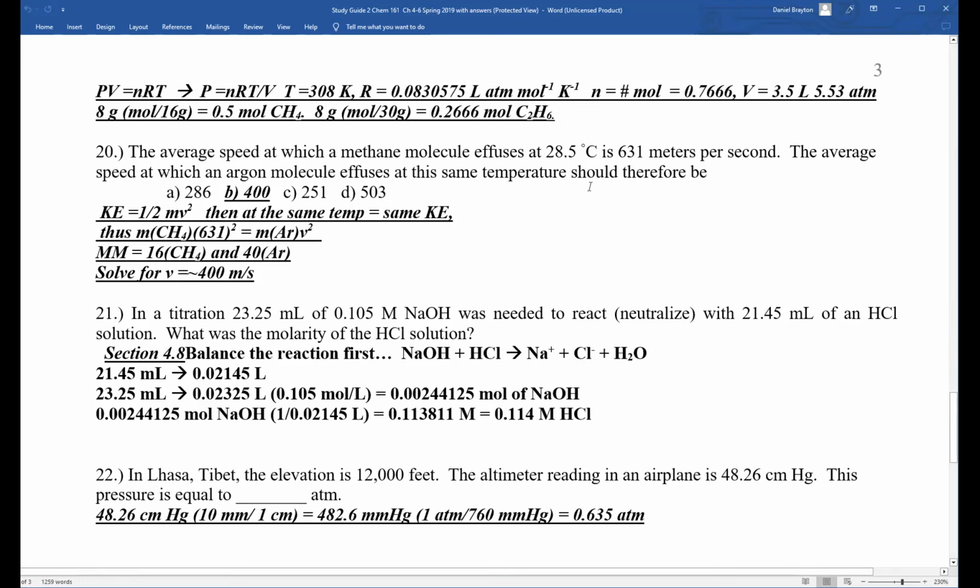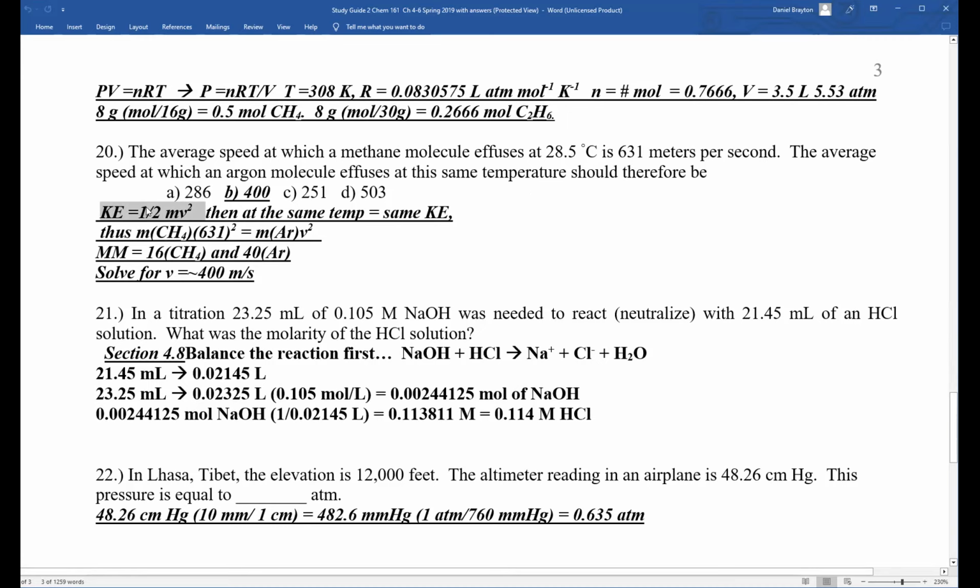But since their masses are different, their speeds must be different. The kinetic energy is equal to 1/2 mv squared. So same temp equals same kinetic energy, and you can set these two equal to each other.